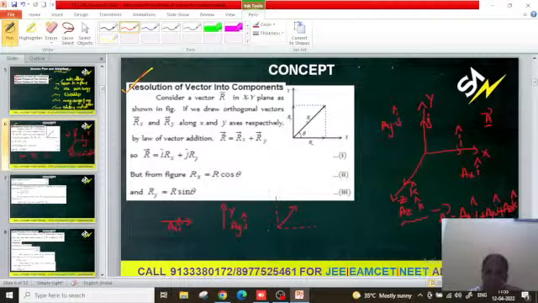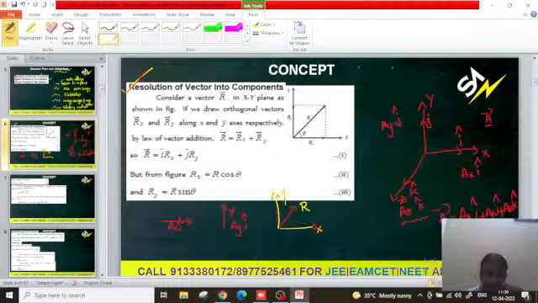Consider such a vector r bar lying in the xy plane. This vector can be resolved into its components along the x direction and along the y direction.